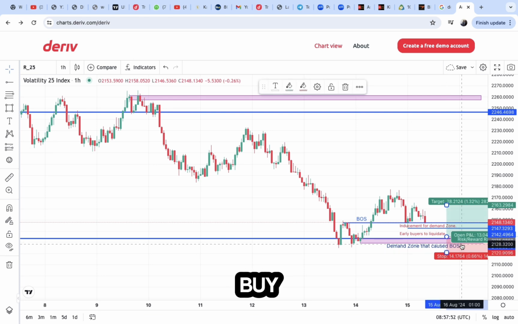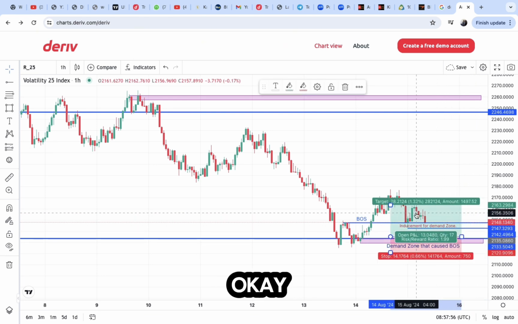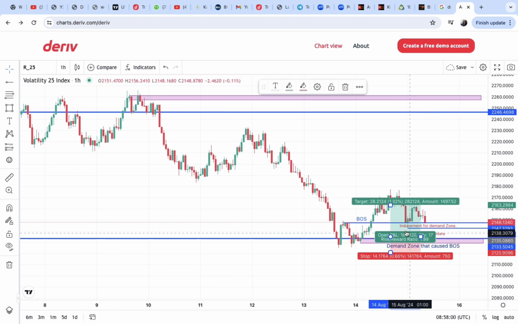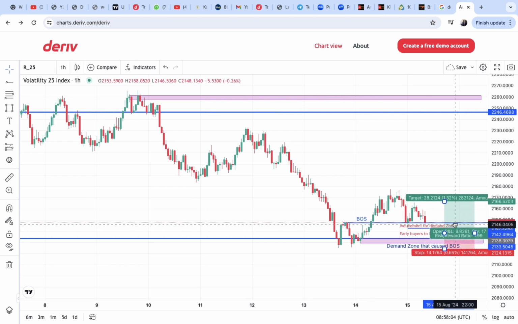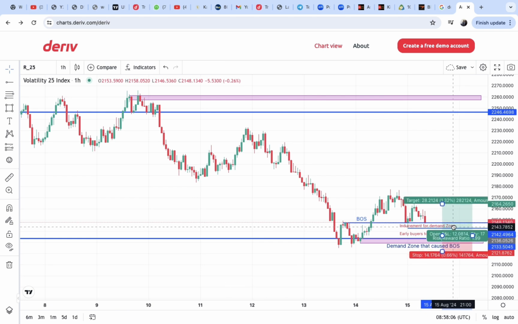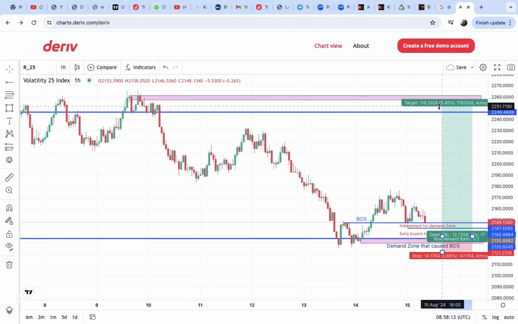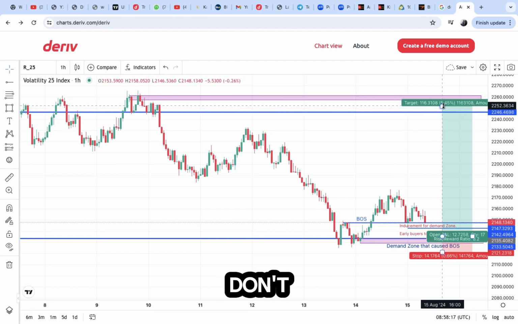Our stop loss will be around there. Let's first try to reduce the size of this. Our target, we should be measuring on our supply zone. That's why we marked it as well. But remember, usually trades can play around.